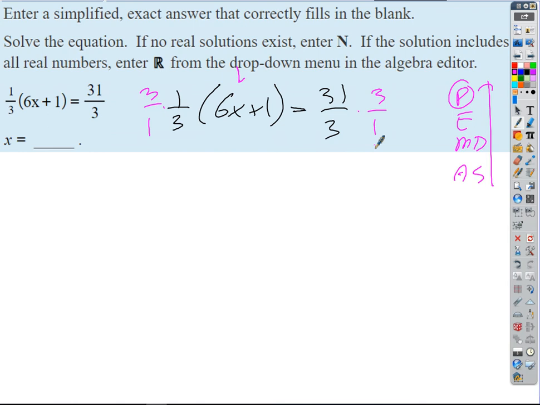And that's going to cancel the 3's on both sides. And then I'm left with the parentheses. Finally, that gets me up to the parentheses step, right? So I've just got 6x plus 1 equals 31. That's easy, right? What are the two steps there? Subtract 1 and divide by 6.